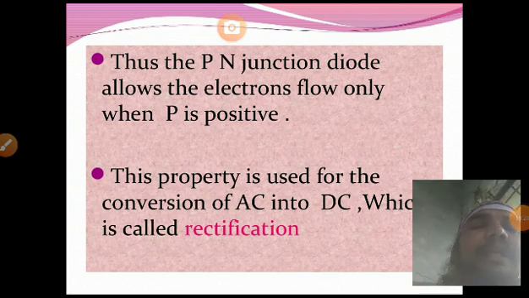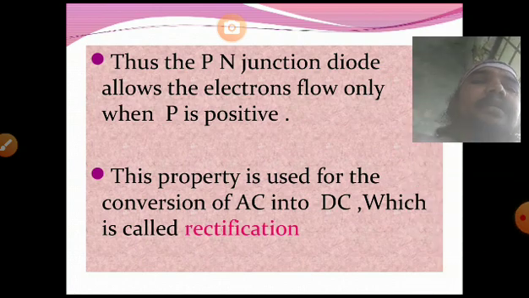Thus the PN junction diode allows electron flow only when P is positive. This property is used for the conversion of AC into DC, which is rectification.